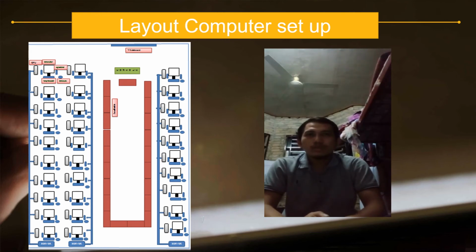Computers are arranged in lanes with a table and chair for each computer to allow students to move freely in each lab. Each computer, as well as chair and desk, are also facing the lecturer or teacher desk to facilitate face-to-face teaching and learning process.